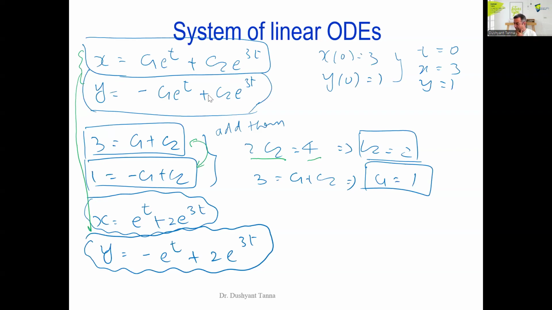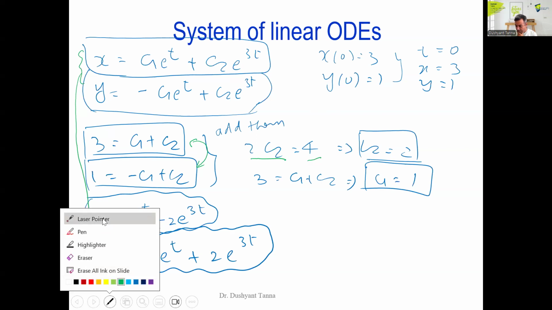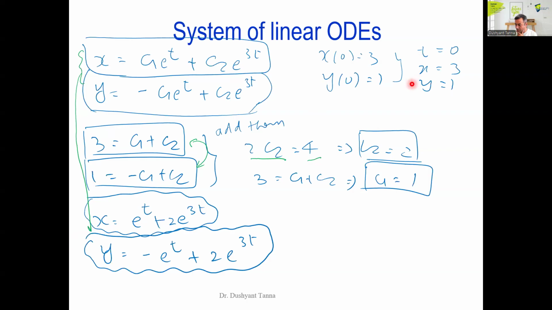Just to explain a bit here, once you got your t, x, and y, you plug that in here. Since e power 0 or e power 3 times 0, they both will be 1. I just cut down one step to minimize the length. x, which is 3, is c1 plus c2, and y is minus c1 plus c2.